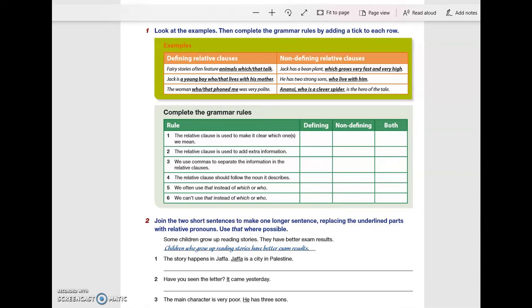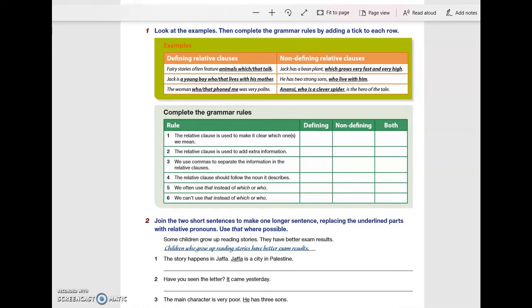The woman who or that phoned me was very polite. Chart number 2. Non-defining relative clauses. Look at example number 1. Jack has a peony plant. This is a meaningful sentence.